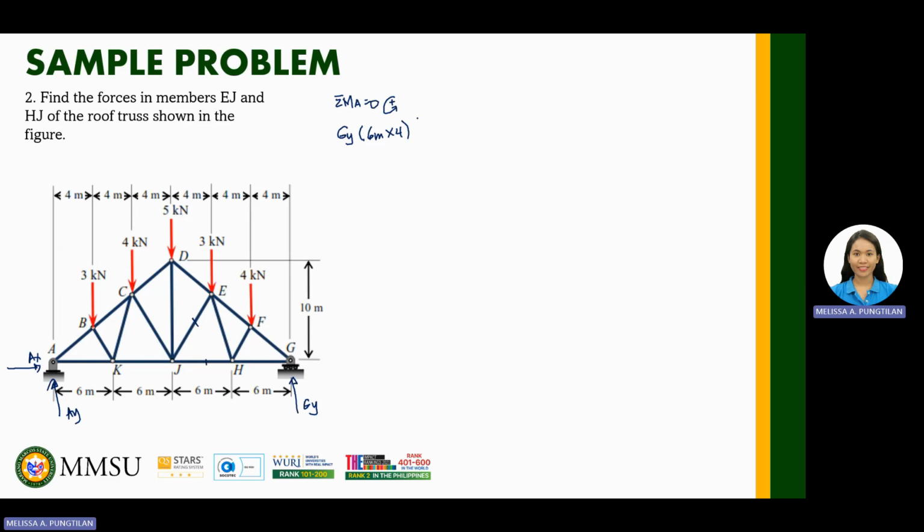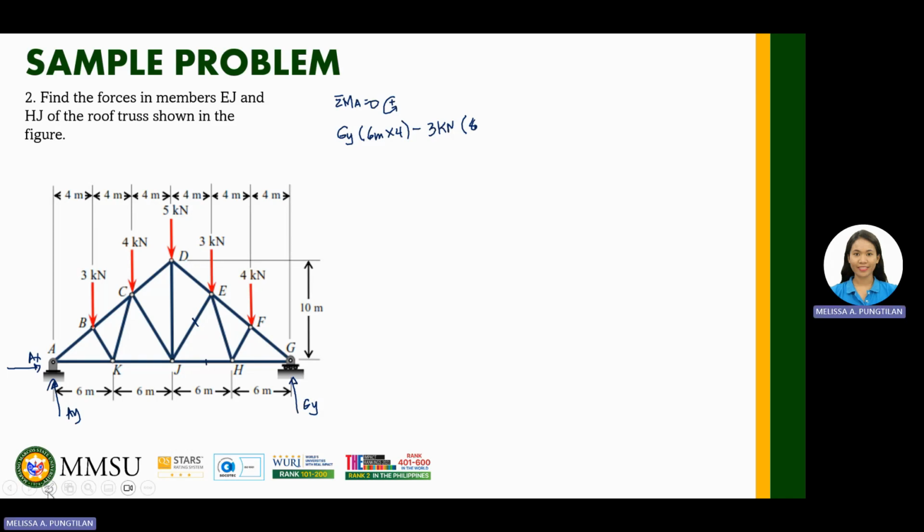Next, the external forces, starting with the 3 kilonewton on the left part. We have clockwise motion, therefore, minus 3 kilonewton by 4 meters. We can see above that there are 4 meters here.